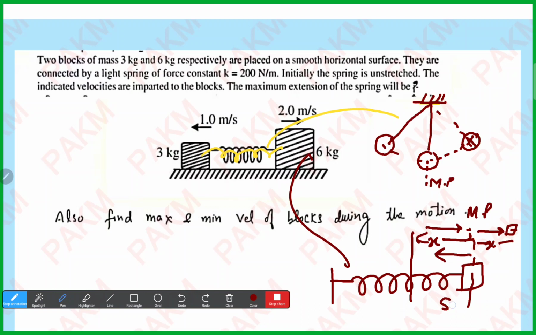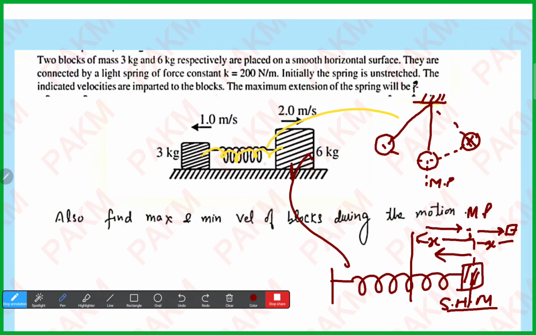So this is somewhat SHM. This motion is called simple harmonic motion. We can assume this block is also executing SHM about its mean position, so kindly keep this fact in mind.